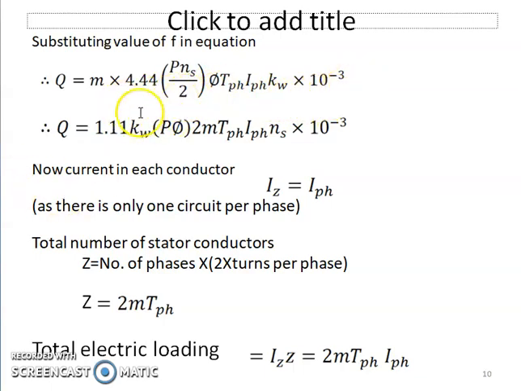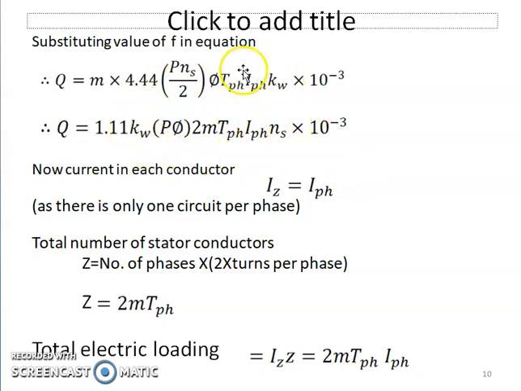So from this equation, 4.44 divided by 2 is 2.22, and taking 2 common, 2 into 1.11 gives 2.22. Therefore, Q equal to 1.11 Kw phi 2m Tph Iph into Ns into 10 to the power of minus 3.